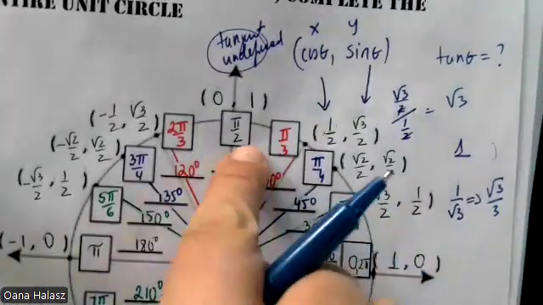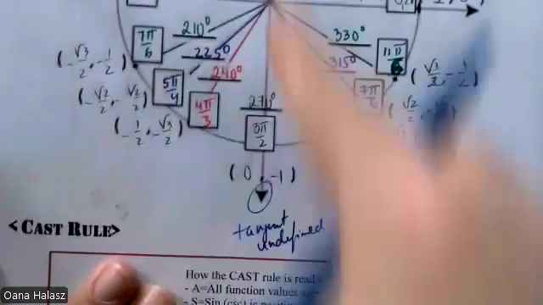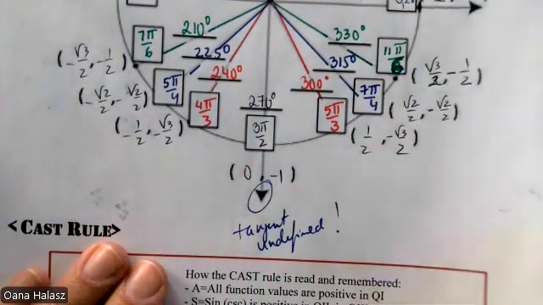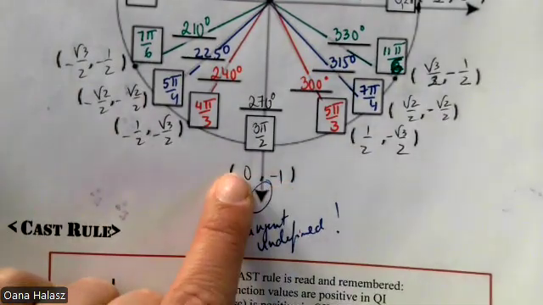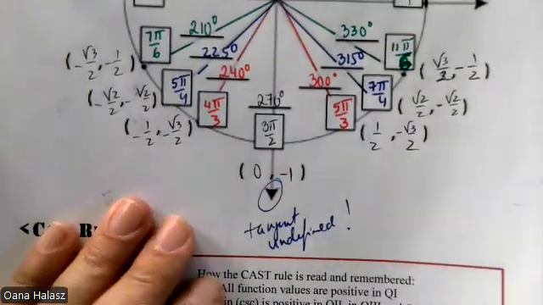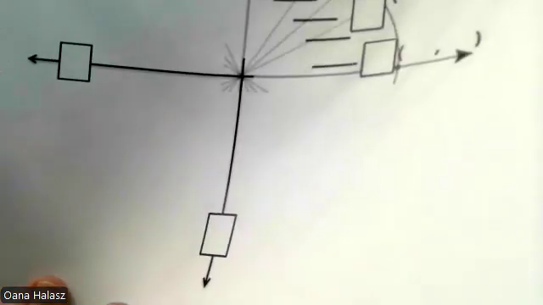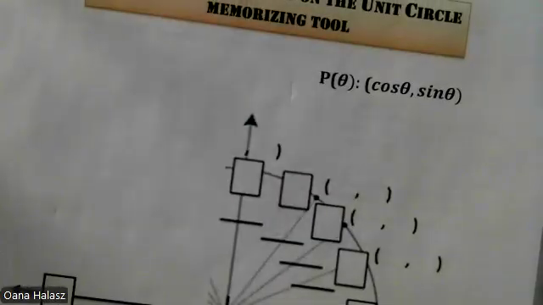Remember that pi over 2, all multiples of that, and 3 pi over 2, all multiples of that, you don't have a tangent value because you got to do -1 divided by 0, and you're not going to get anything good.